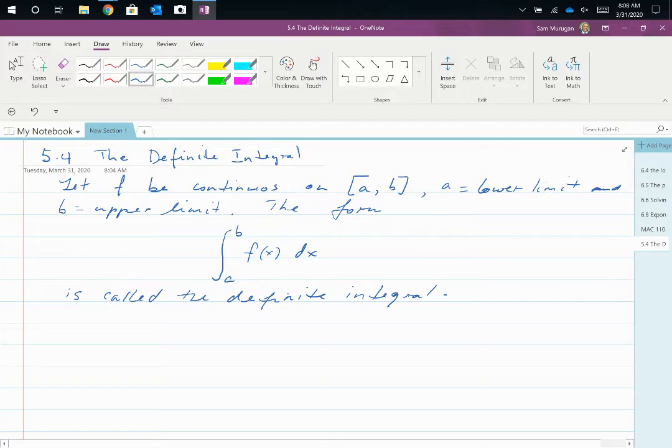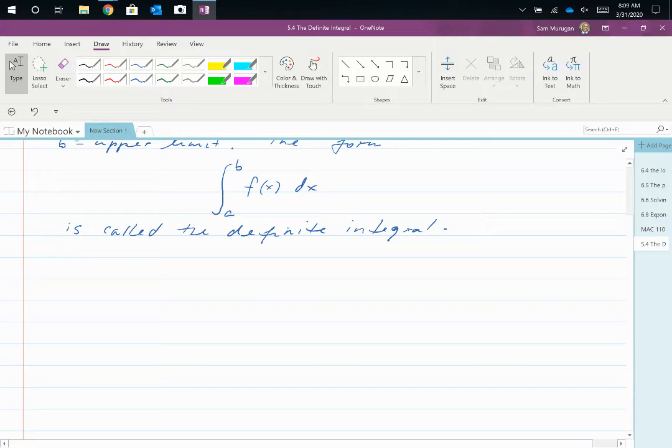In other words, b and a are actual values that will give an answer now instead of abstract functions. I'm going to go ahead and give you 5 properties here.